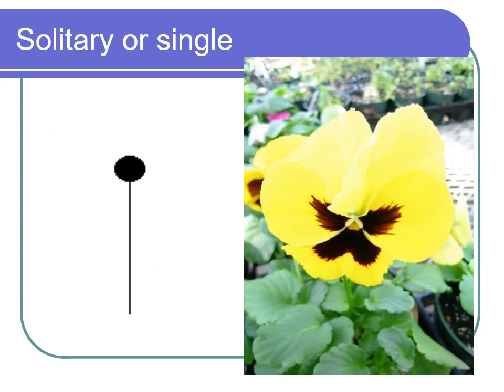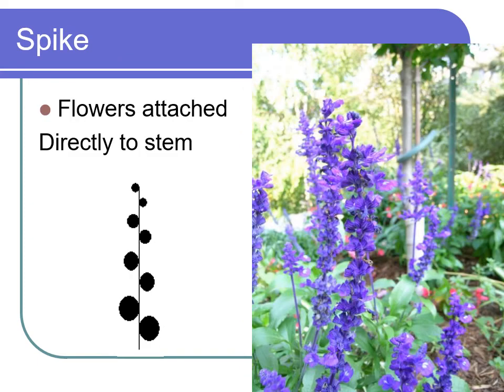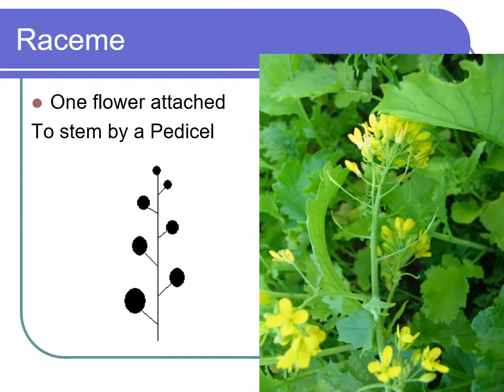So starting with solitary, the humble solitary single flower, this pansy is a good example. A spike where there's lots of flowers on a stalk and they have no pedicel, right? The flower is directly on the stalk. Raceme, they're alternating up the center of the stem with increasing or decreasing length pedicels as they mature.